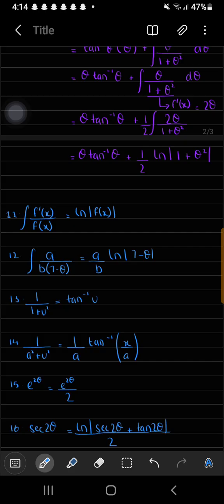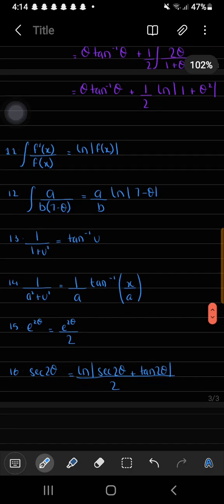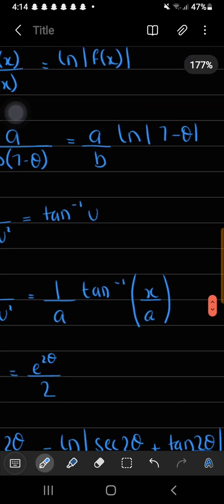Then we had a look at the integral of a upon b times 7 minus theta, where a upon b will remain as it is, and the ln 7 minus theta. Then the integral of 1 upon 1 plus u square will be tan inverse u, and 1 upon a square plus u square is equal to 1 upon a tan inverse x upon a. I think so. There will not be x, there will be u because we are using u.